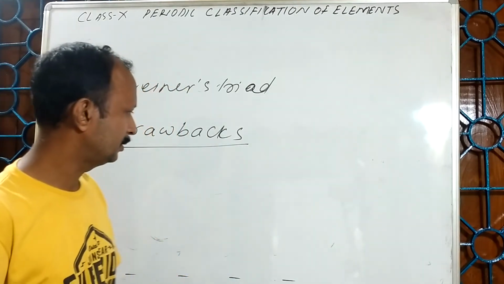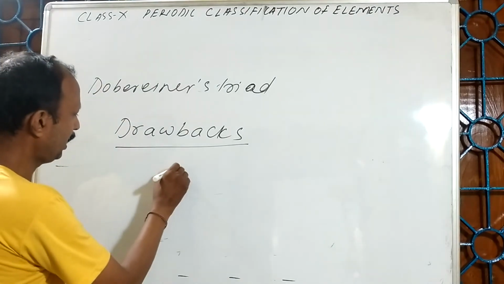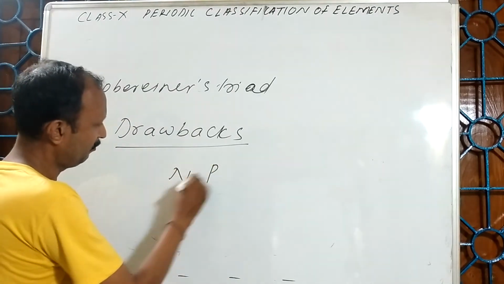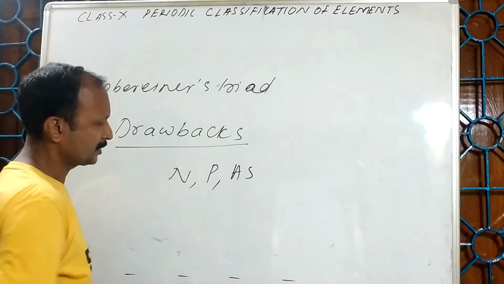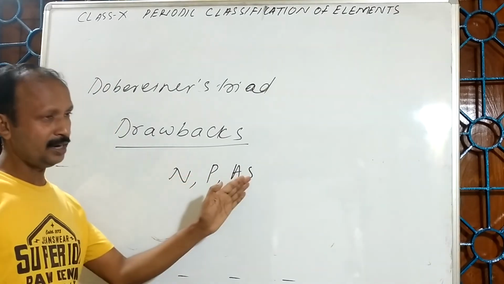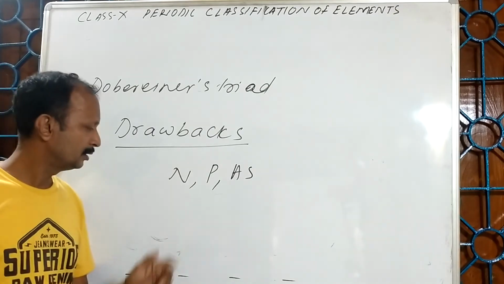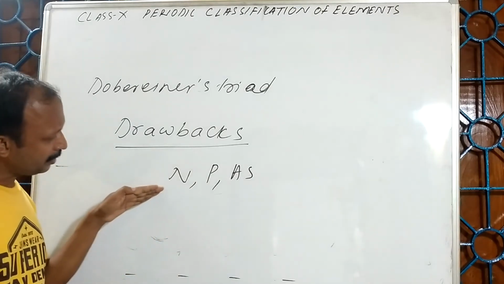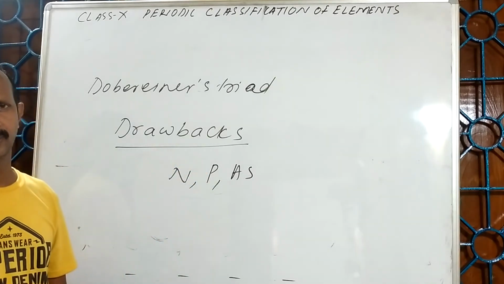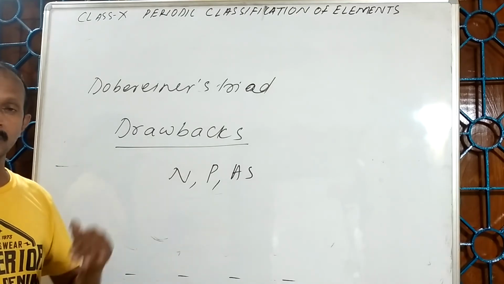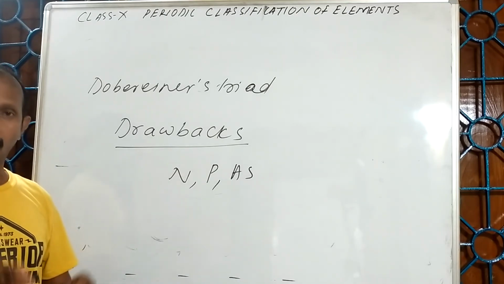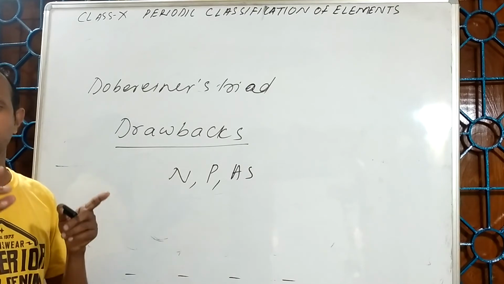Second thing is that elements like nitrogen, phosphorus, arsenic, these three elements were available during that time, and their properties are also similar, but it was not possible to arrange them in a group according to his law.